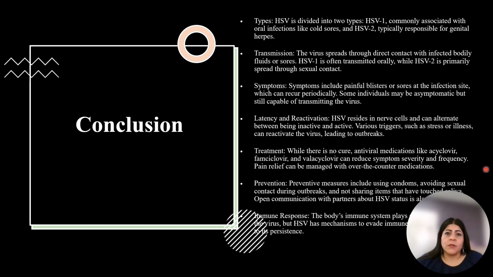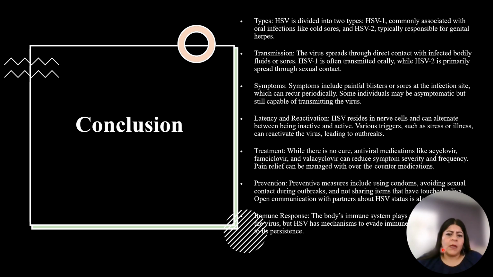Famciclovir is also another common medication. Pain relief would be in addition to these antivirals. What these drugs do is help minimize or stop the virion reproduction in the cell.